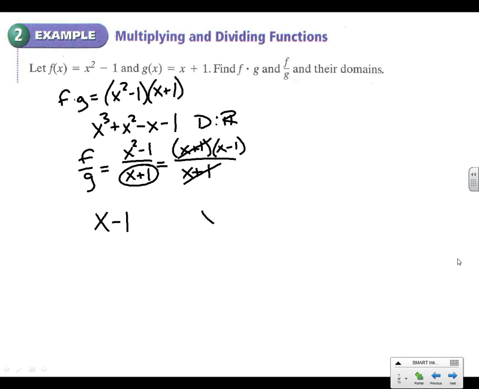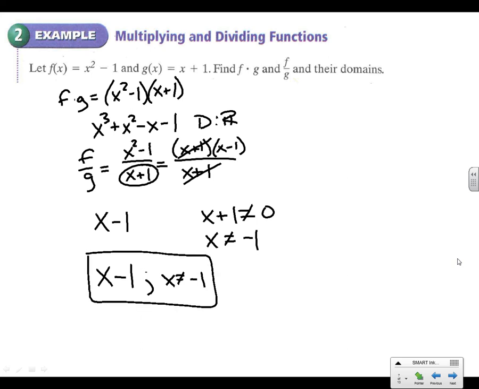So we know that x plus 1 cannot equal 0. So x cannot equal negative 1. So that's going to be our domain. We'll say our answer, x minus 1, and then we're going to say x can't equal negative 1. So we could pick any number for x we want, except for negative 1.